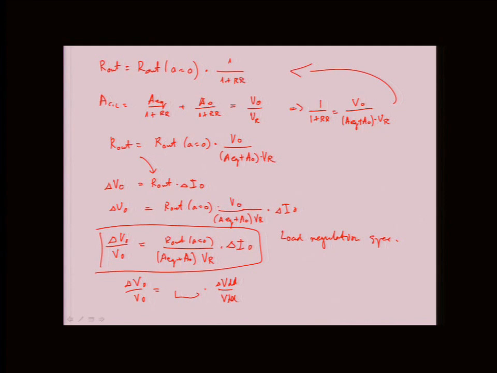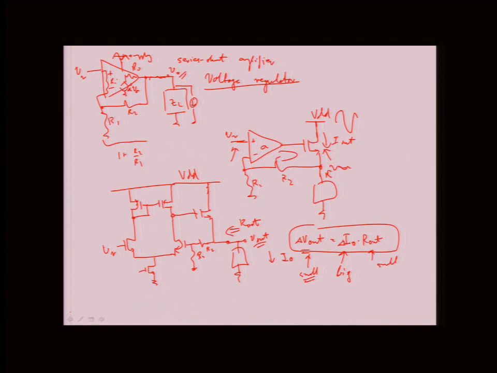And this quantity is usually very topology dependent, and the reason for that is that if you look at the previous slide, some circuit provides this VR.